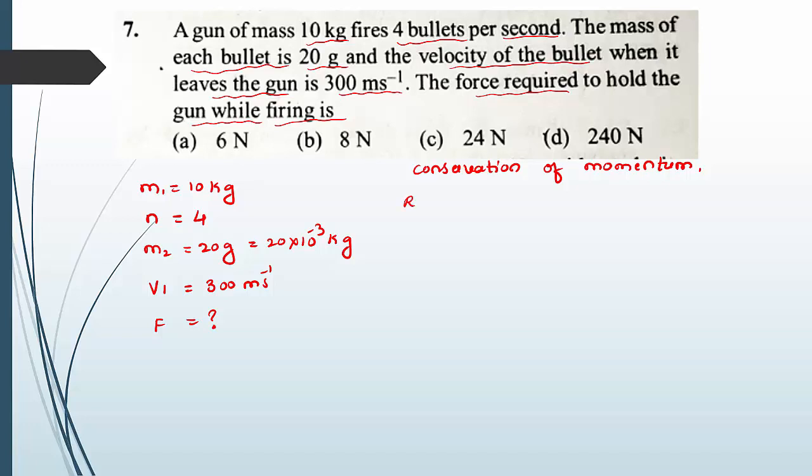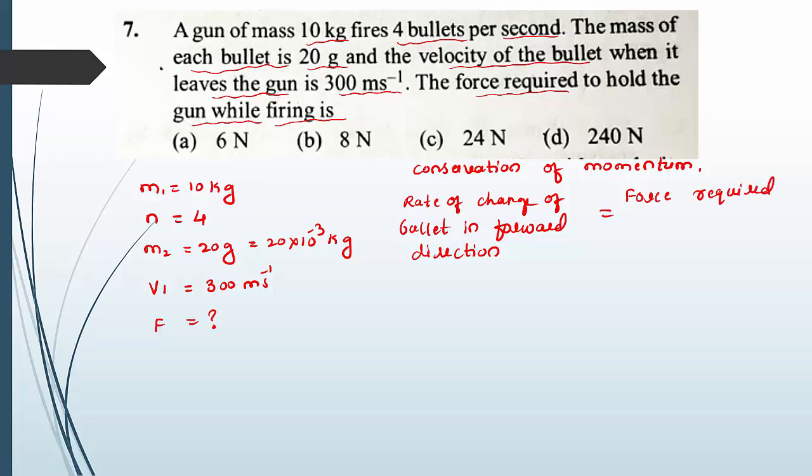So we can consider a rate of change of bullet in forward direction is equal to. So to fire the bullet we need a force, right? This force is required to hold the gun. This is law of conservation of linear momentum. So when you want to fire a bullet, we need certain force to hold the gun.